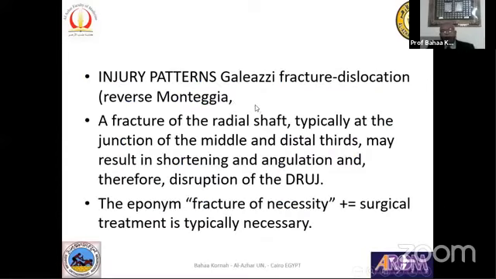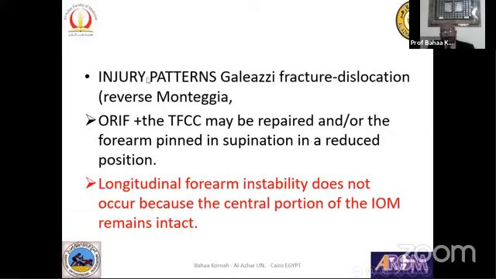We'll go in just a few minutes to the Galeazzi fracture dislocation, and the reverse Monteggia fracture of the radial head. This is called the fracture of necessity, meaning that this fracture needs to be treated surgically. This is the injury pattern of Galeazzi, overreduction, and the TFC may be repaired and/or the forearm immobilized in supination in a reduced position.